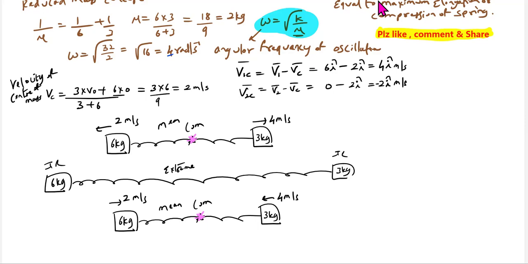So in fact, with respect to center of mass, the blocks will be executing SHM. With respect to center of mass, the 3 kg block will move away, then come back. The 6 kg block will move away and return back. They'll continuously execute SHM with respect to each other, with respect to center of mass.